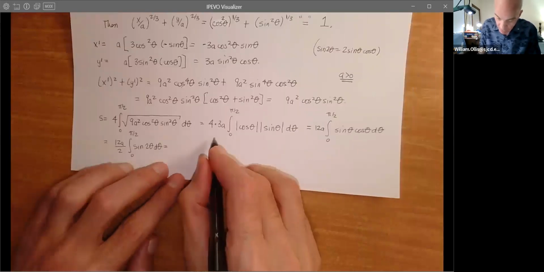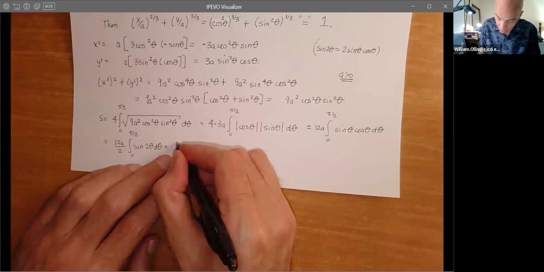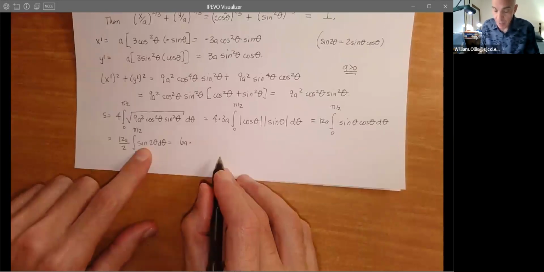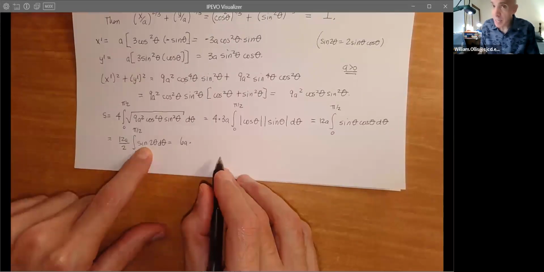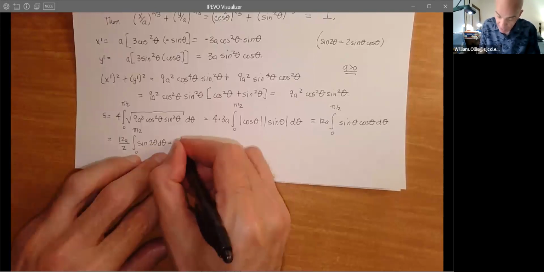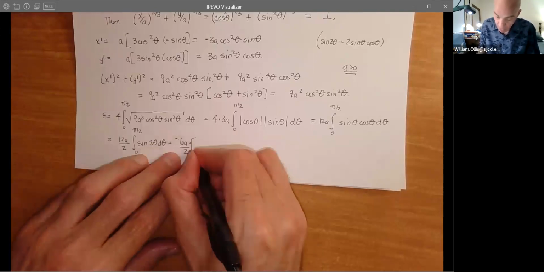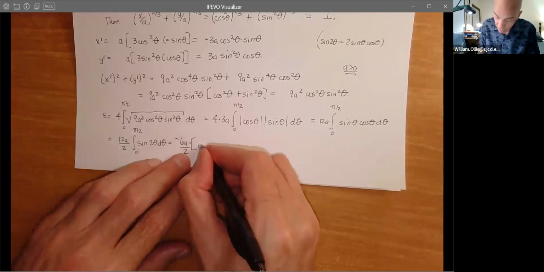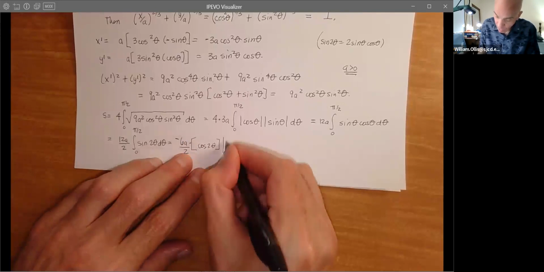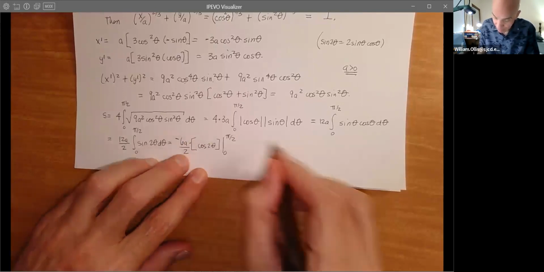So this gives us 6a. And then, of course, we need the 1/2. The antiderivative of sine is the negative cosine. So we've got the divide by 2 because of the 2 there and the negative. So that'll be a cosine 2 theta from 0 to pi over 2, just like we're back in chapter 8.